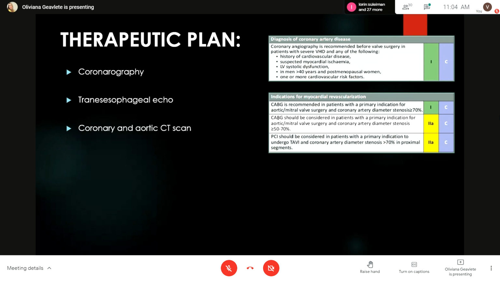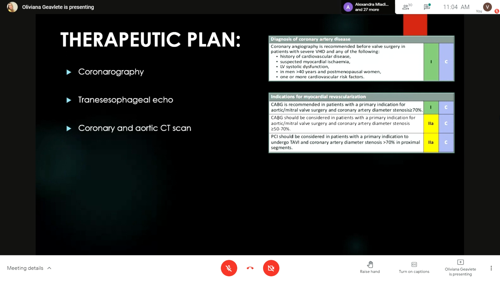Coronary angiography is recommended in every patient with history of cardiovascular disease, with suspected myocardial ischemia, with angina, with LV systolic dysfunction. The patient had an ejection fraction of 40%, I forgot to tell you.